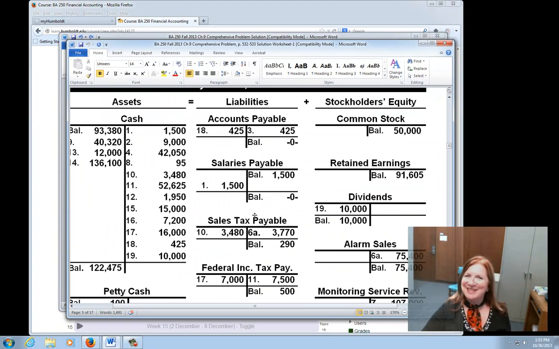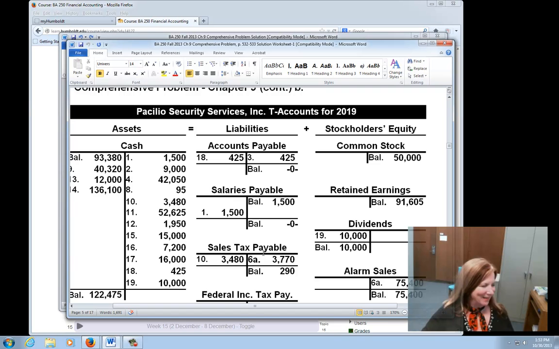Now here are all the T accounts, and of course there's a lot of posting to do with this many journal entries. And when we look at comprehensive problem 9, you have this trial balance that is exactly the ending trial balance from last week with 2018, and it's the starting balance for 2019.